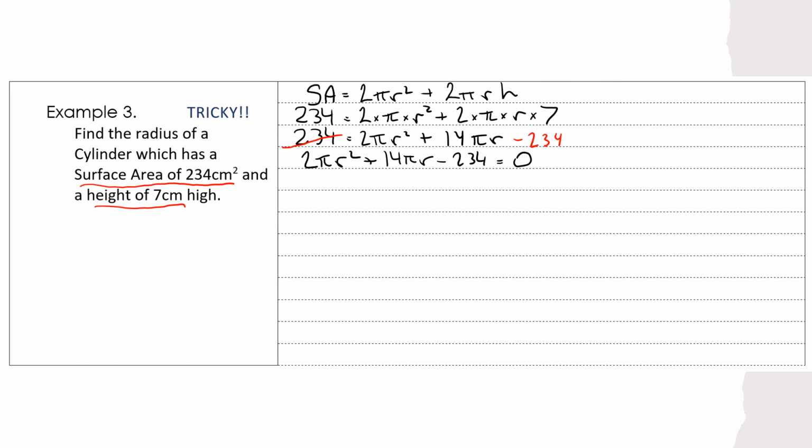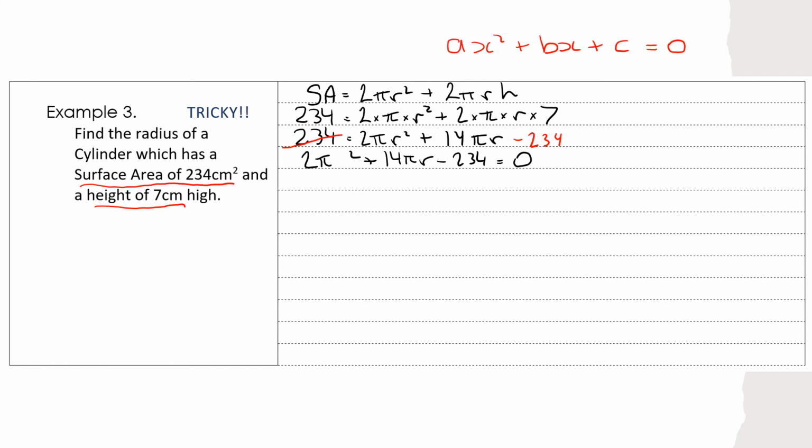What do we notice? We've got an r squared, an r, and a number. Does it kind of look like this? If it was x's instead of r's, ax squared plus bx plus c equals 0. Remember that is a quadratic. We've created a quadratic in terms of r.